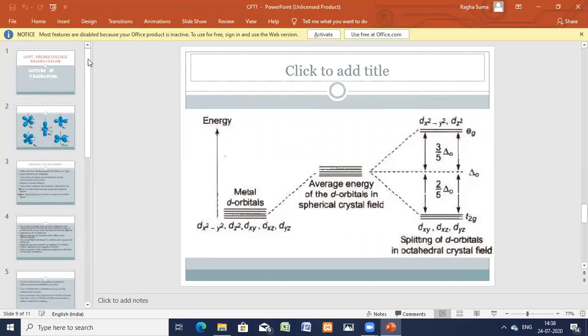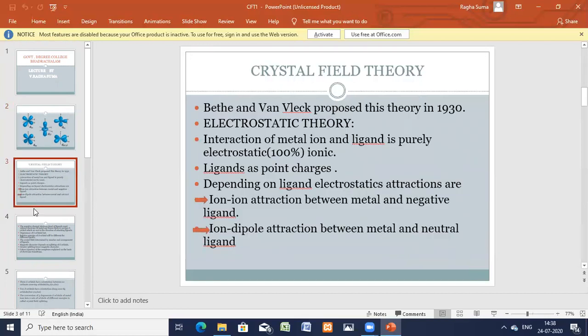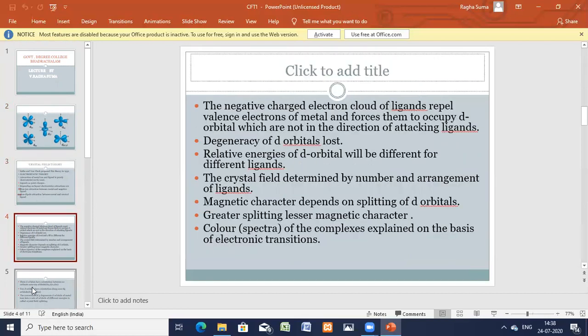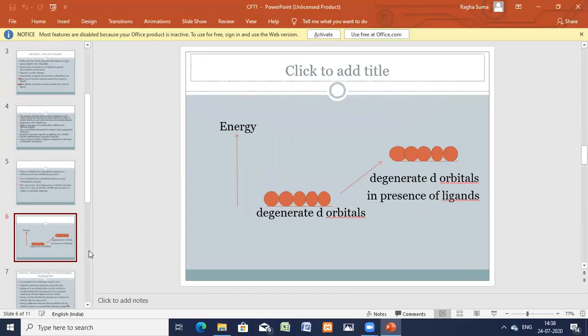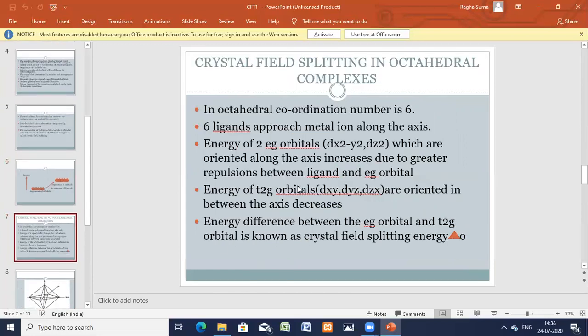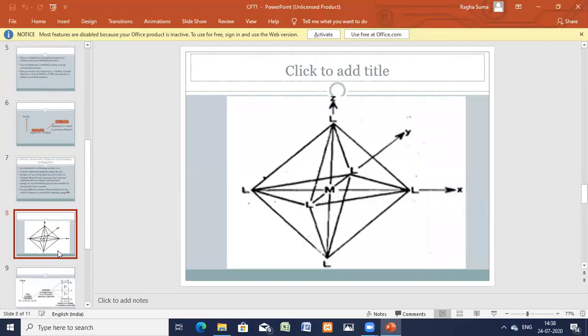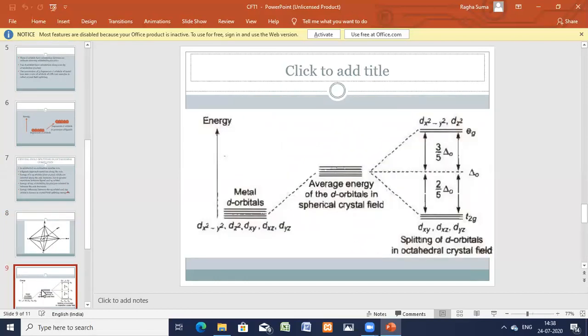In the octahedral complexes, you have understood the shapes of the d orbitals and the postulates of the crystal field theory. Next, how the degeneracy is lost and how crystal field splitting takes place in octahedral complexes as the ligands approach. For the central metal ion, as the ligands approach, energy increases.